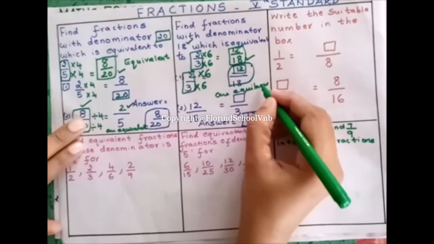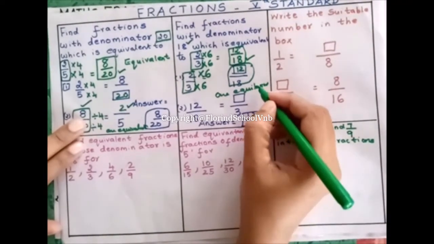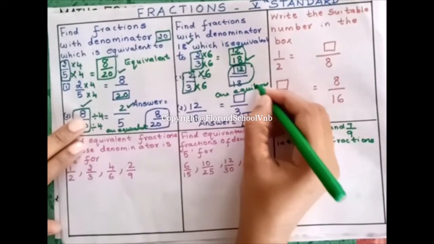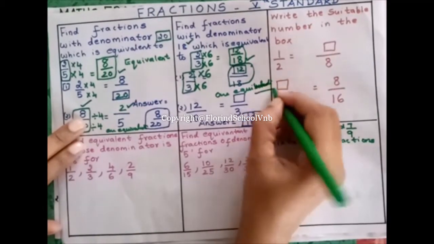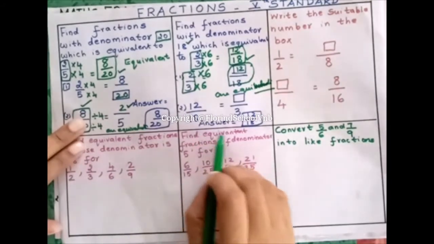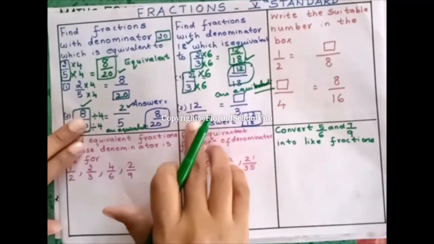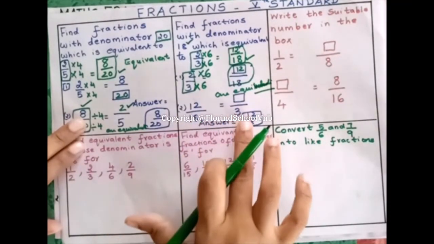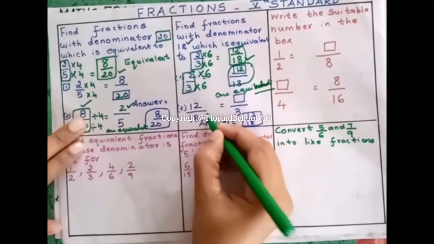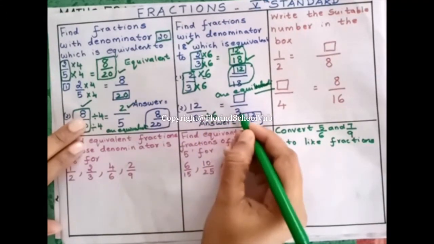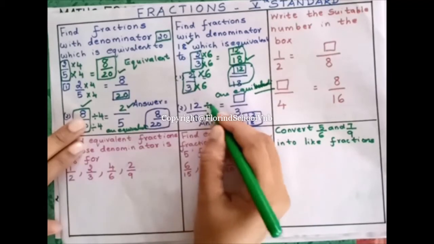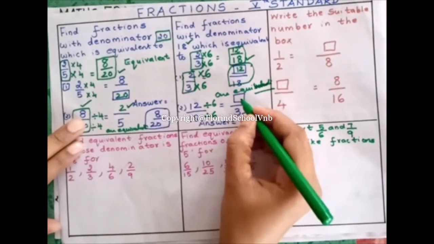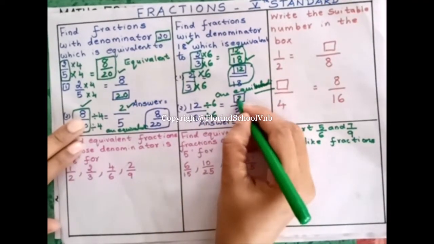12 by 18. 2 by 3 and 12 by 18 are equivalents. Now, shall we see whether 12 by 18 is equivalent to 2 by 3? Now, when we divide 18 by 6, you get 3. In the same way, divide 12 by 6, you get 2.